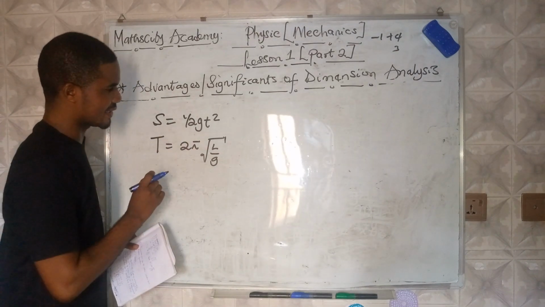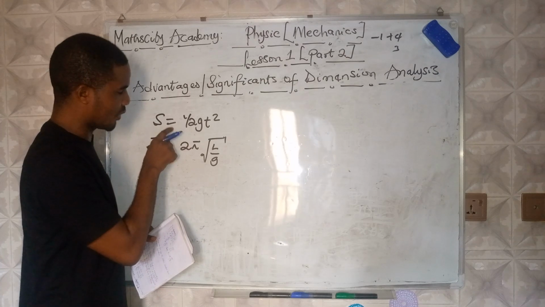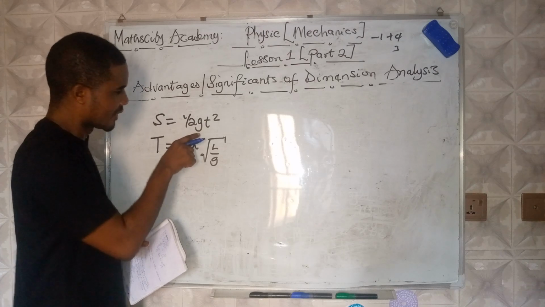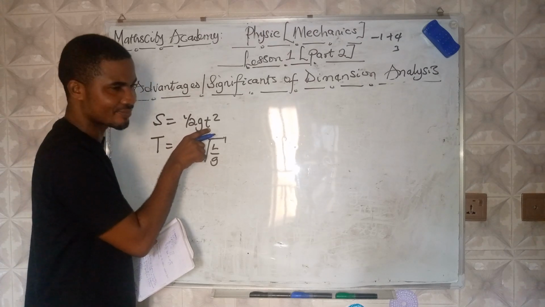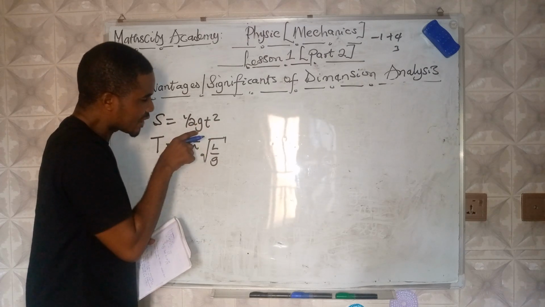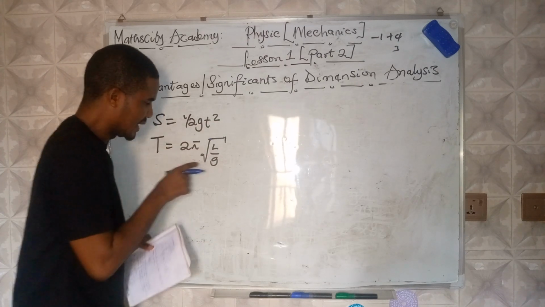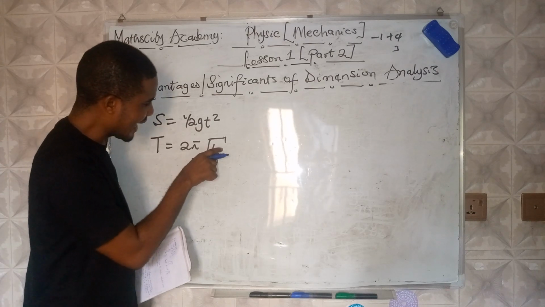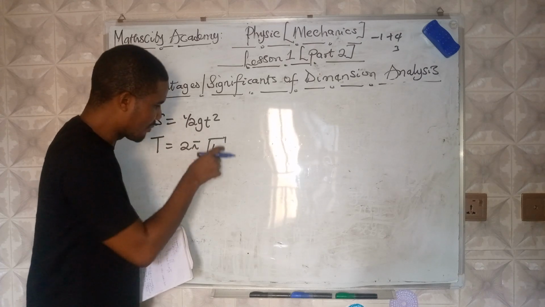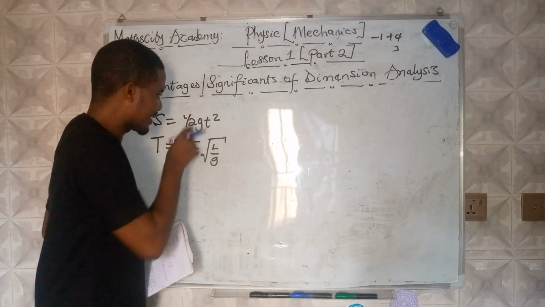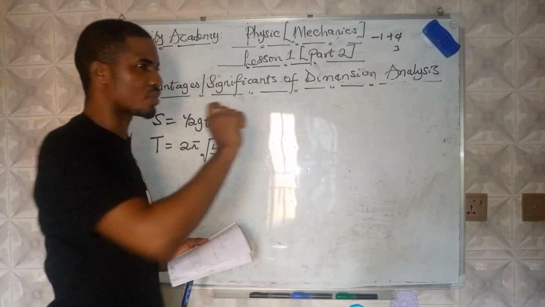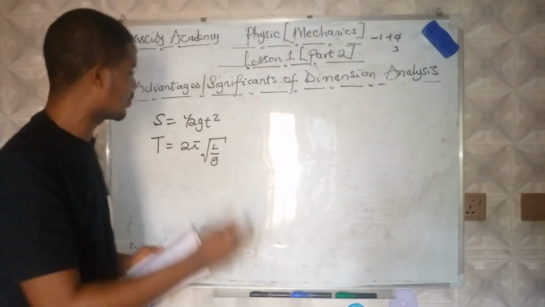Now, the person who brought this equation, how did he, or if it's a woman, how did she know that g will be multiplying t, and that t will be carrying square? The relationship between g and t is multiplication. Now come to this one. The relationship between L and g is division and they are carrying root. Who told him or her about this relationship? That is what we say, that dimensional analysis is used to check the relationship between two or more physical quantities.